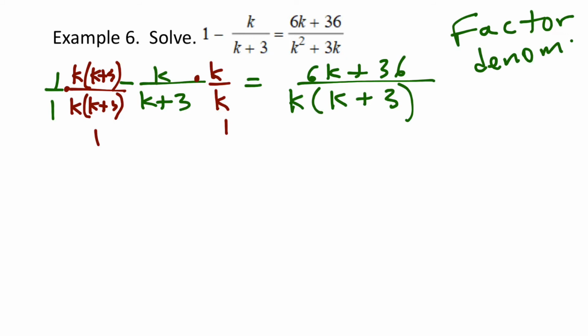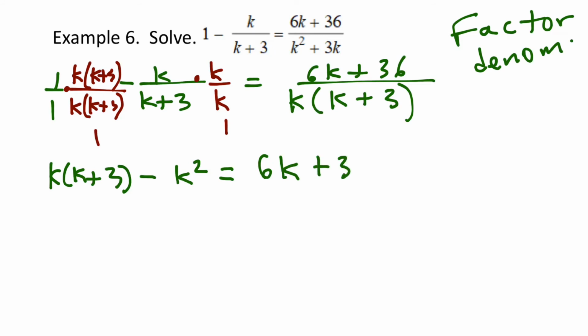Now if I look and see, I've got k times k plus 3 in each term. So I'm ready to take off my numerators and make an equation. So here I've got k times k plus 3 minus k times k, that's k squared, is equal to, on the right, 6k plus 36.